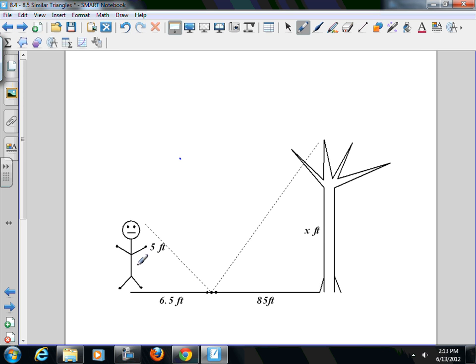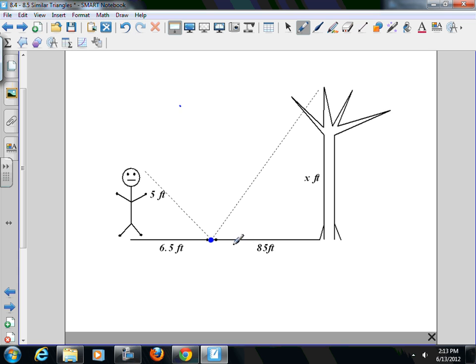The person is 5 feet tall. The tree is x feet tall. From the person's feet to this point, it's 6.5 feet. From the base of the tree to the point, it's 8.5 feet. We'd like to find the height of the tree.